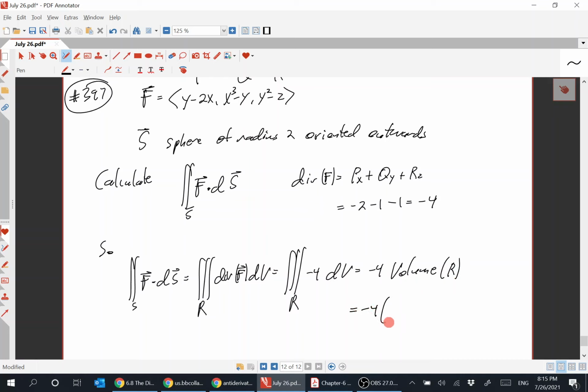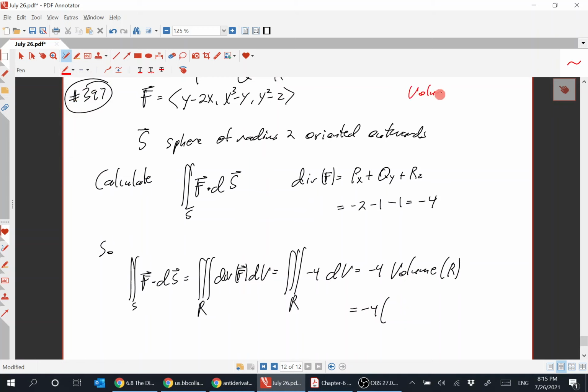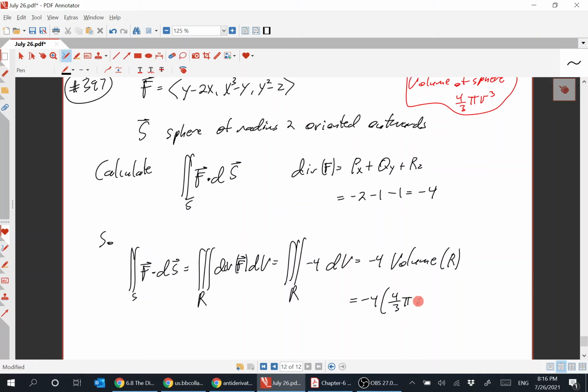So minus 4 times the volume of the sphere of radius 2. Just in case you didn't know, the volume of a sphere is 4/3 pi r to the third, where r is the radius. So this is radius 2, so this is 4/3 pi times 8.